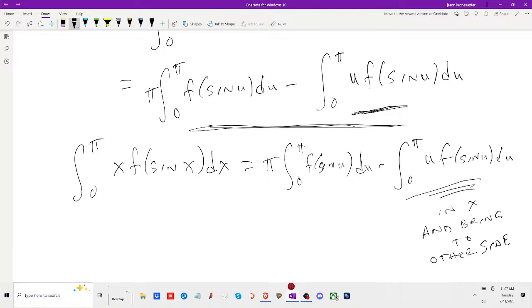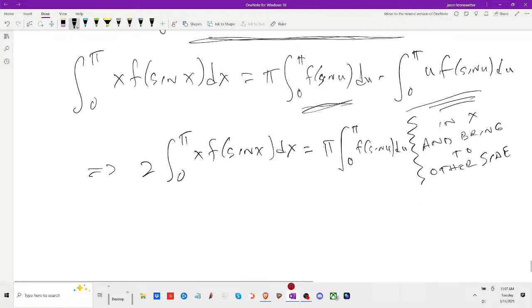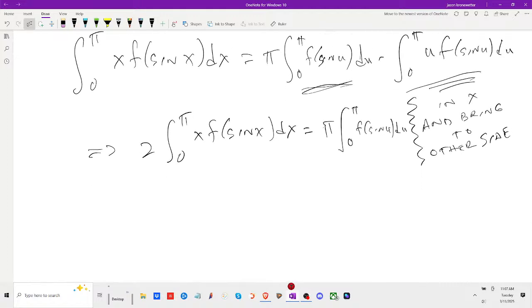And if I bring it to the other side, what I'll have is 2 of those, the integral from 0 to pi of x f of sine x dx, and that's equal to what I have left here, pi times the integral from 0 to pi of f of sine u du. Just a little cleaner version. So you see, this is what I ended up with. I have 2 of these is equal to this.